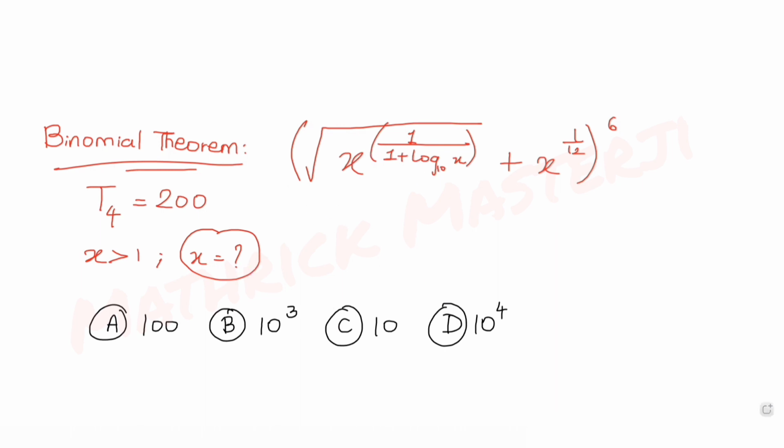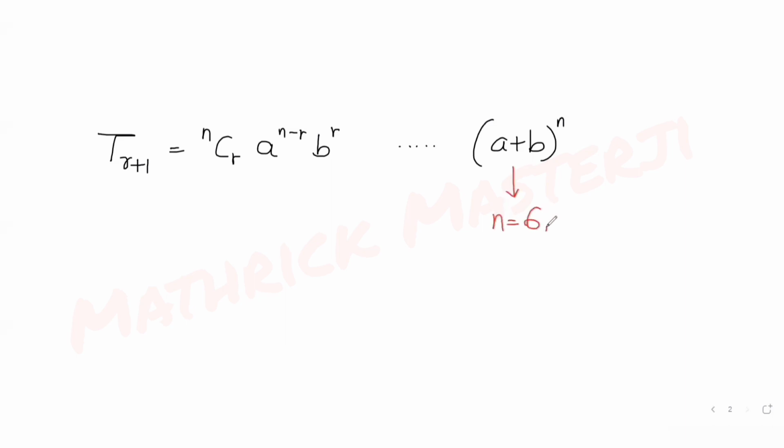So let's do that. First, I apply the idea of the nth term that we can find in binomial theorem. We already know that the r plus 1th term is given by nCr, a raised to n minus r and b raised to r, where a and b are the terms in the expansion of (a plus b) raised to n. Comparing with this, n is 6.